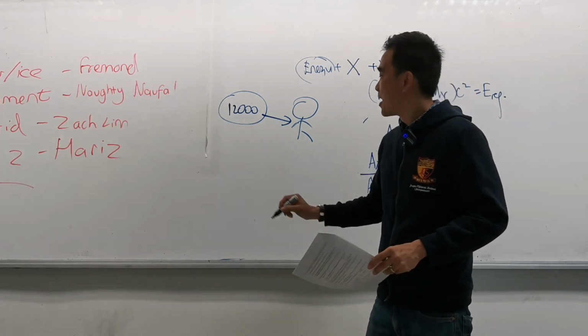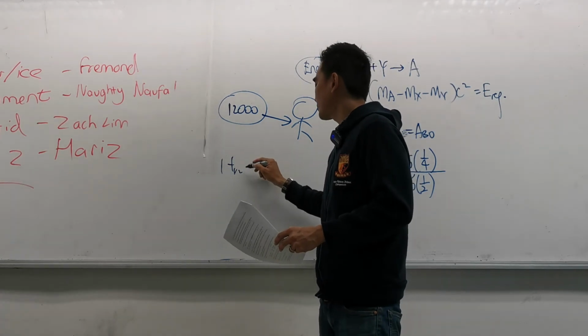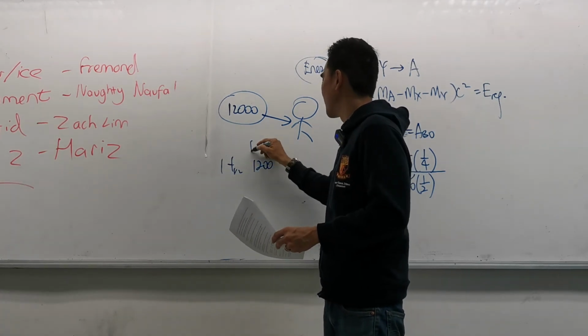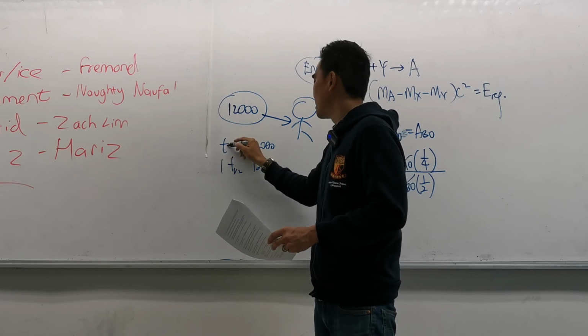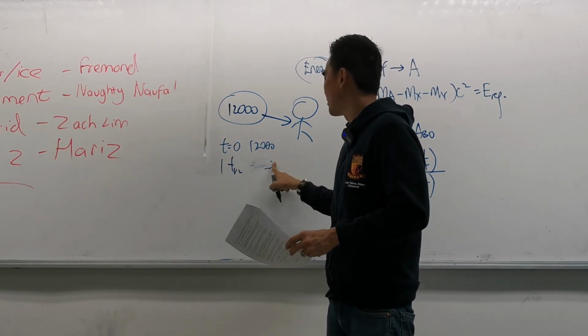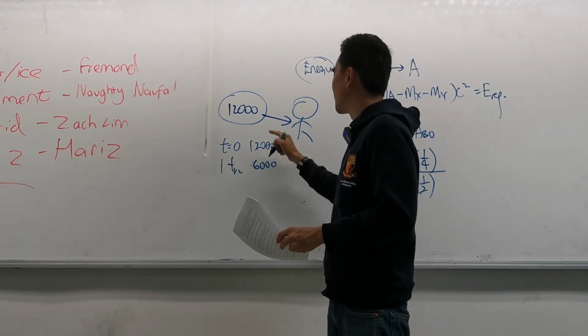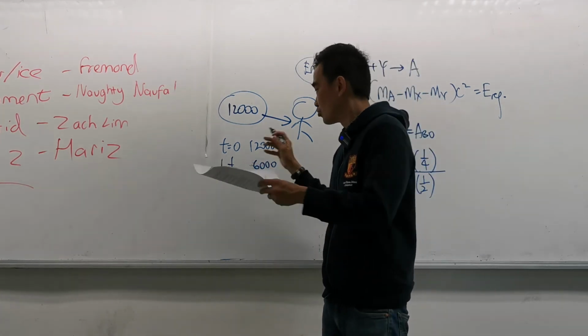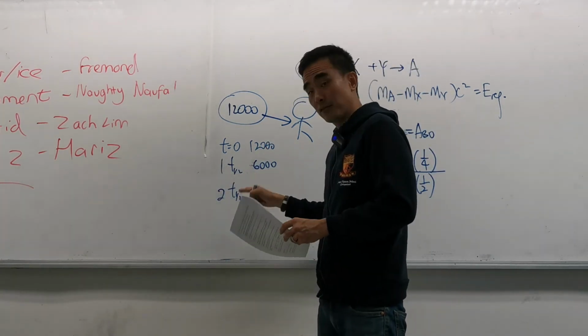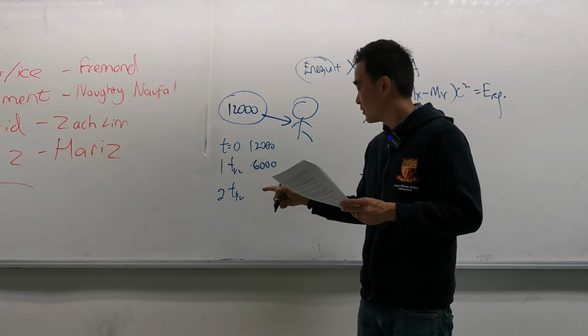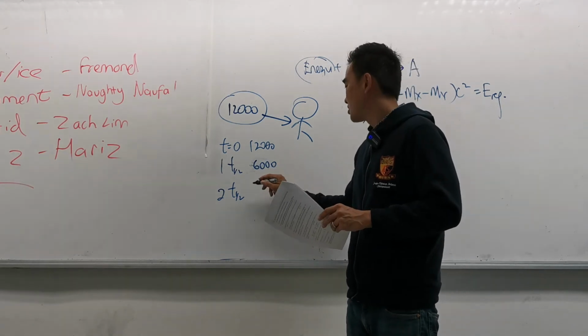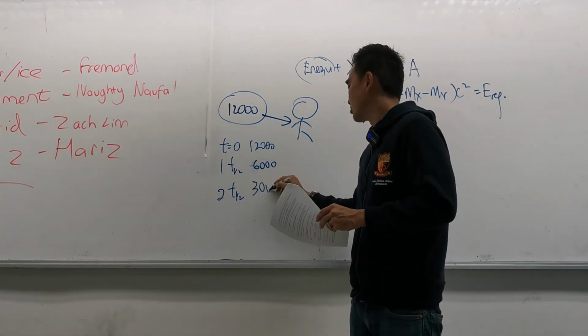Now let's take a look. Original is 12,000, at t equals 0. After one half-life, if I don't inject it into the person, it's 6,000 altogether. After 2 half-lives, which is 30 hours, since the half-life is 15 hours, it'll be 3,000.